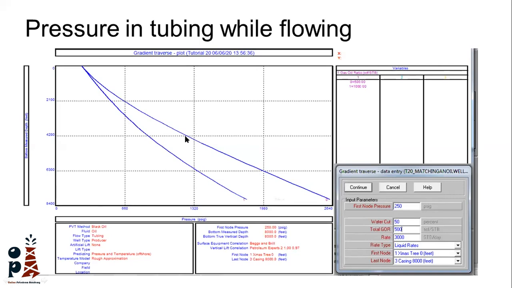So here's the example. This was 500 standard cubic feet per barrel, and when I increased the gas oil ratio to 1000, we see here that pressure drop is less, which means I need less BHP, which is the idea behind doing gas lift injection.